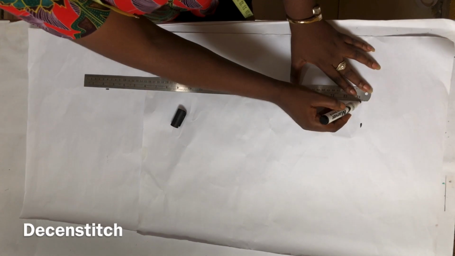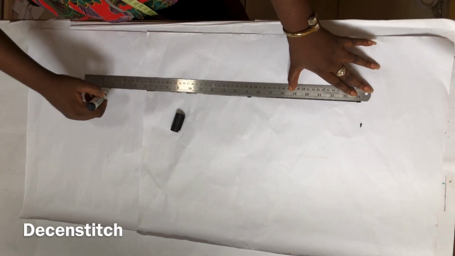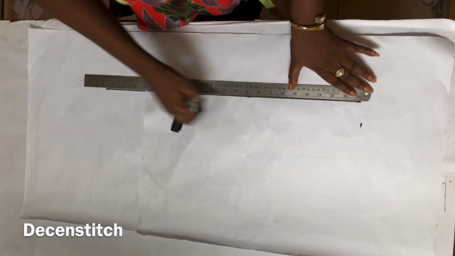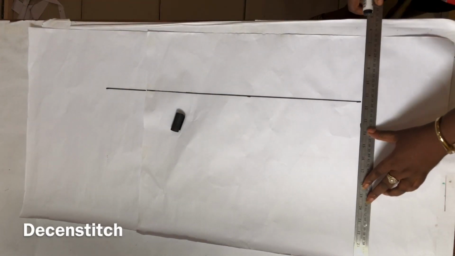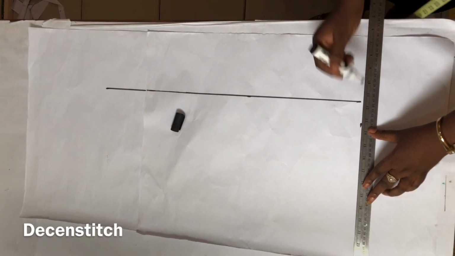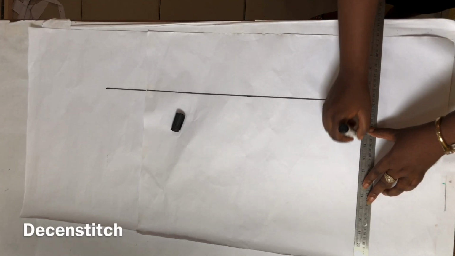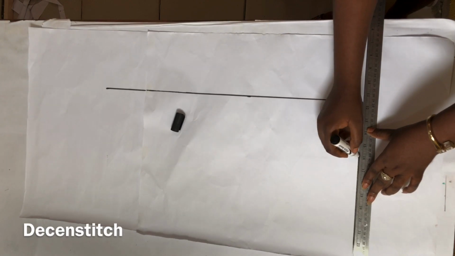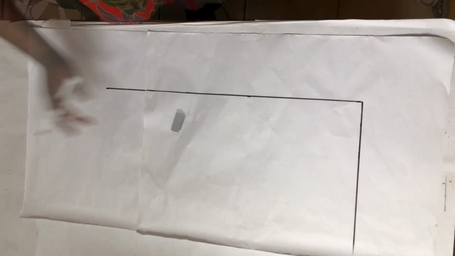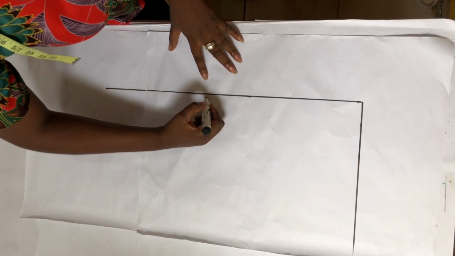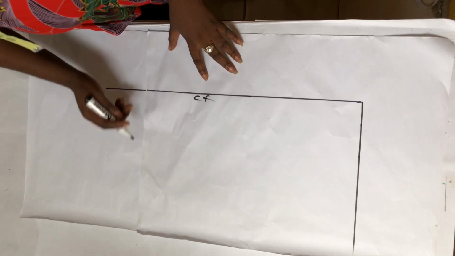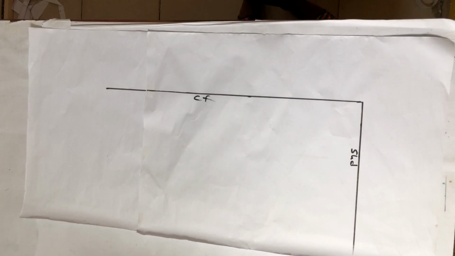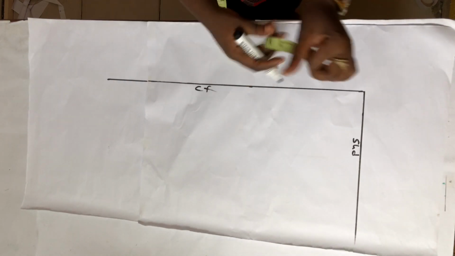I'm going to draw my line. This is going to be my center front. This is going to be my shoulder.